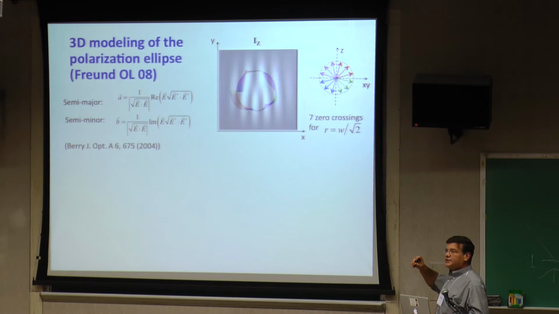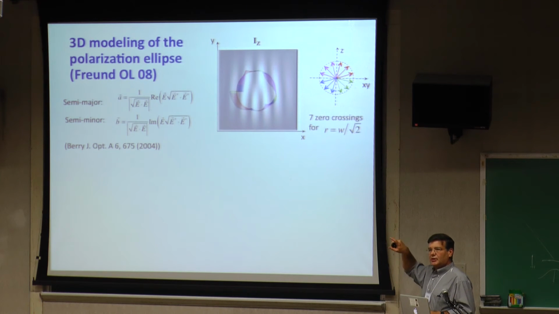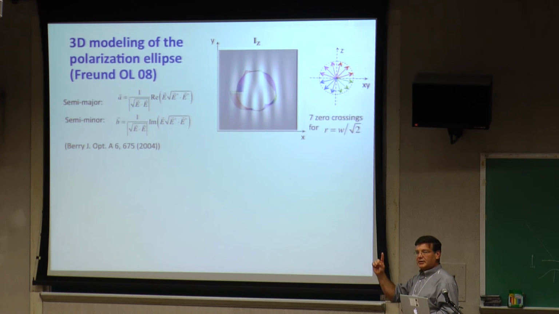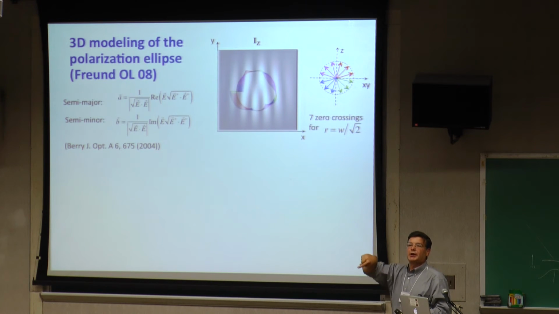So the z component is also turning in such a way that, in this situation where you have two beams crossing, the semi-major axis of the ellipse is turning in 3 dimensions.